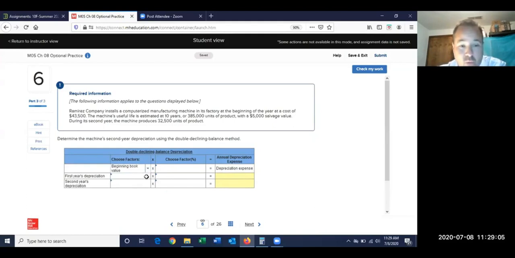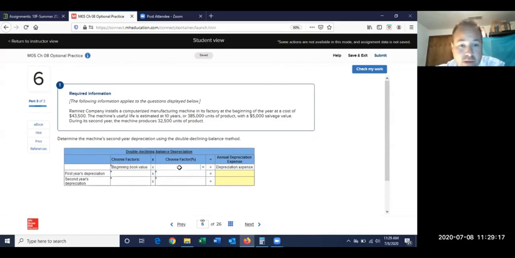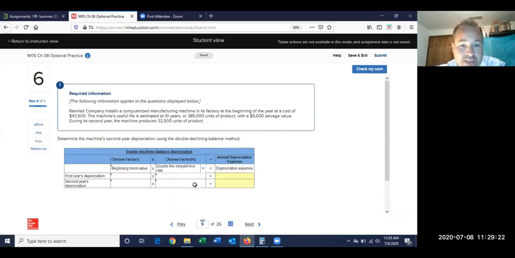I think that's what they want you to put in here, because technically you are using the beginning book value, especially for year 2, because we don't want to use the original cost every single year. For the factor, we're going to use double the straight line rate. Straight line would have been 10 years, so 1 out of 10, 10%. So we're going to use 20%.